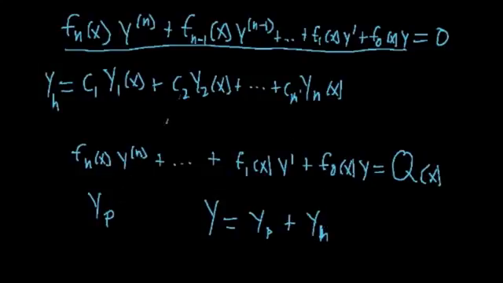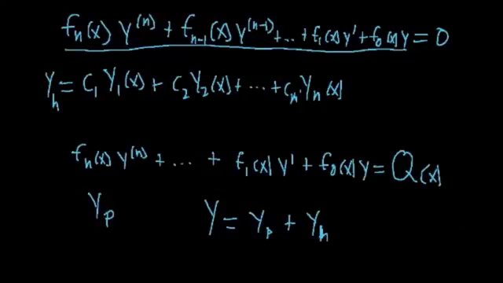So this yp plus this up here, this linear combination of our n solutions. Now you may be thinking, why are we including that? I mean, we're not working with the differential equation when it equals 0, we are working with it when it equals q. But that's what we're going to talk about in this video. We're going to talk about why this is the case, and then we're going to do an example.